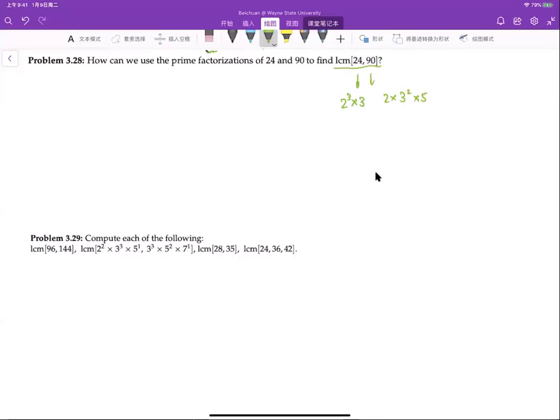Because the LCM is a multiple of both of them, let's call it A. If you consider the prime factorization of A, it must contain both of the factorizations of the two numbers.